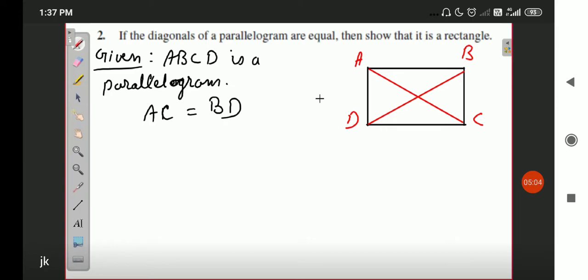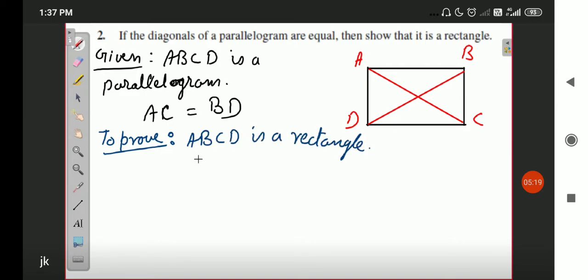So in order to do that, first of all we'll write what we need to prove. We need to prove that ABCD is a rectangle.